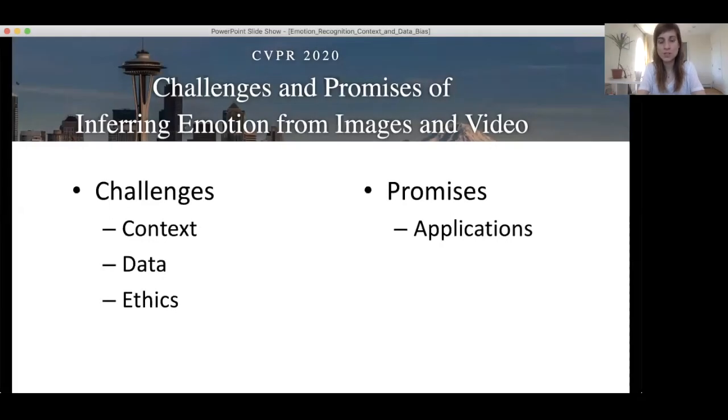Okay, so just to wrap up the talk, I'm going to go back to the name of this workshop, which is Challenges and Promises of Inferring Emotions from Images and Video. I talked about two challenges, which are context and data. Regarding the context, I just talked about sync context, but there are other contexts that you can think of.